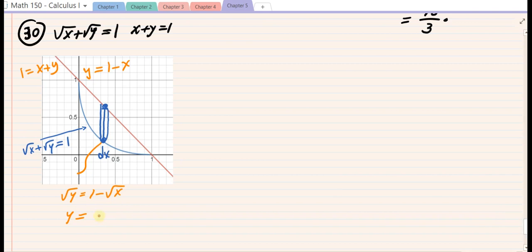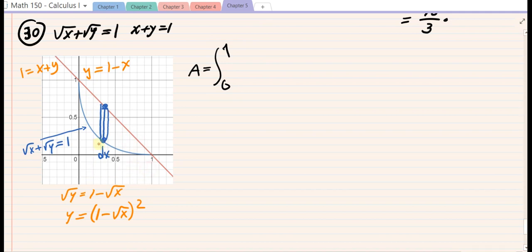So it's going to be 1 minus root x quantity squared. Cool. Now we can set it up. The area is, limits of integration go from 0 to 1, right? From here to here. That's where the rectangles can move from left to right. So it's going to be 0 to 1.